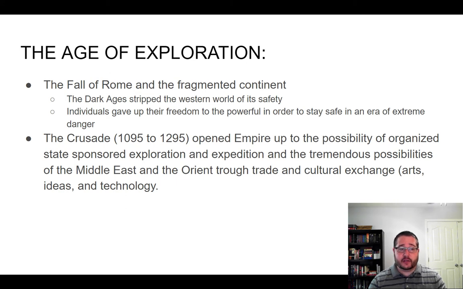And so they come across inventions and math and all these things in the Muslim world, and also goods that are not available in Europe.